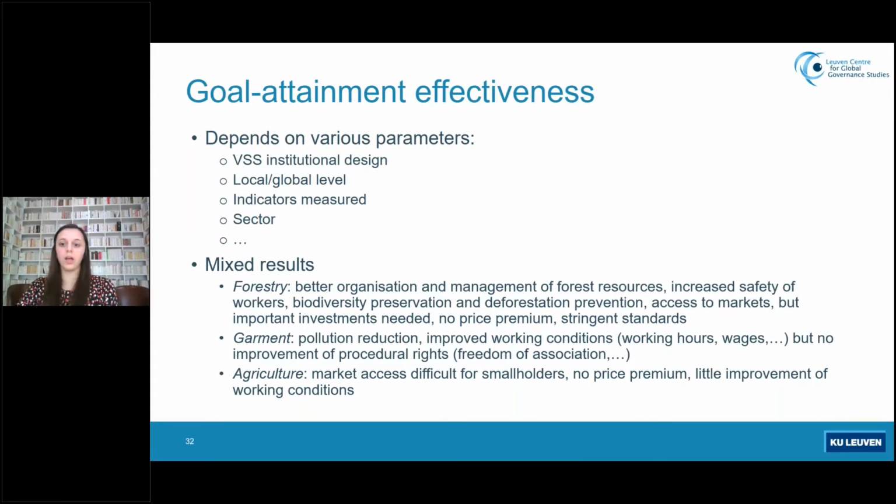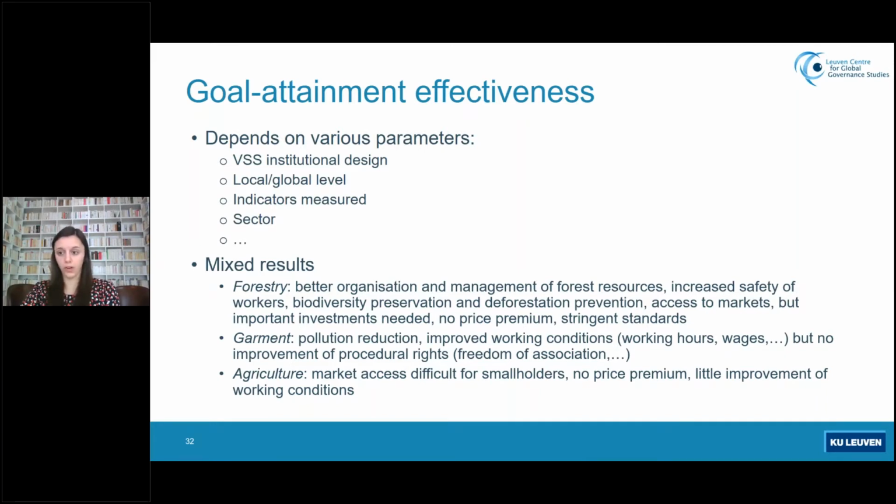In the forestry industry, for example, studies show on the whole that certification improves the organization, the administration, and the management of forest resources. Also that safety and well-being of workers is improved, that biodiversity conservation is also improved, and that deforestation is slowed down. Also, for some certified firms, it provides access to more markets.